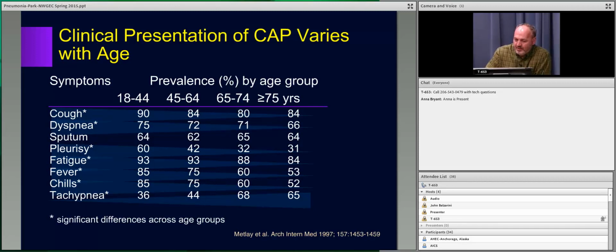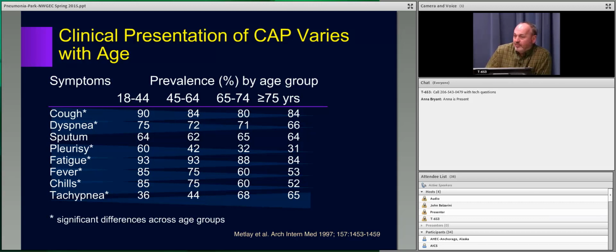But tachypnea, and if I had a row for hypoxemia, would be similar, are very low. Okay? But then head out toward the 65 to greater than 75-year-old group, and they still have a lot of cough and dyspnea, but it's significantly lower than in the young population.